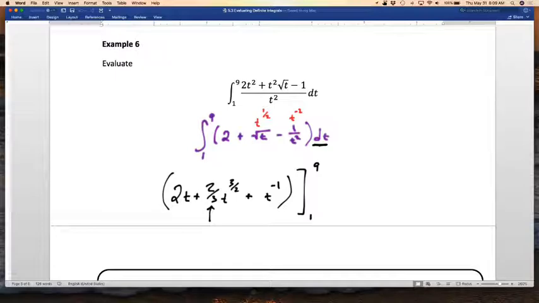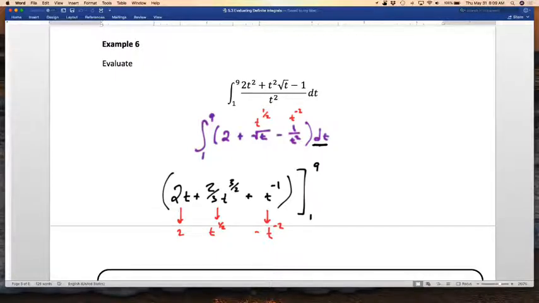So again, if you're not sure if this is the correct antiderivative, take the derivative. What's the derivative of this piece? What's the derivative of this piece? What's the derivative of this piece? And it should get you back to where you started.